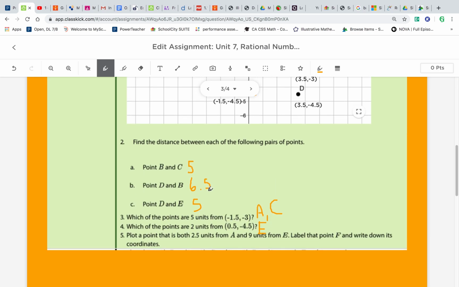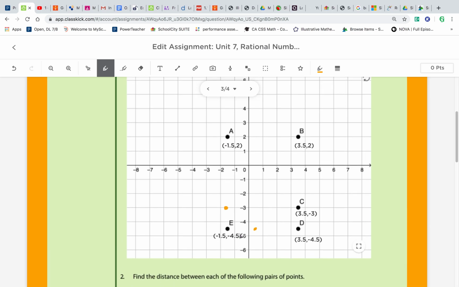All right, and then point number 5, plot a point that is both 2.5 units from A and 9 units from E. And then we'll label that point F. But 2.5 from A and 9 from E. Let's think about what that means. Here's E. If it's going to be 9 away from E, what are the directions that we can go? Well, we could go 9 this way, right?